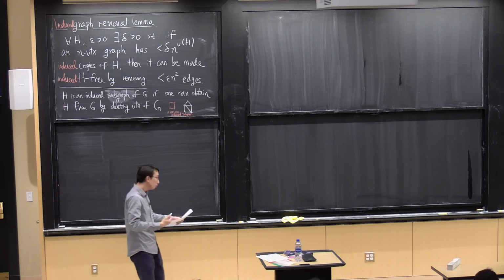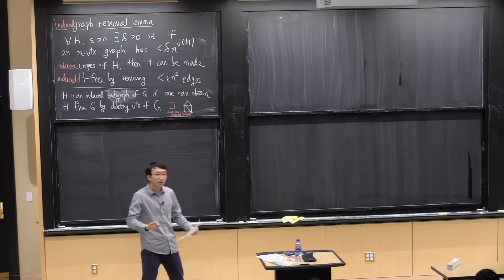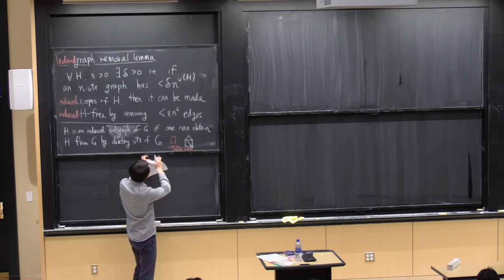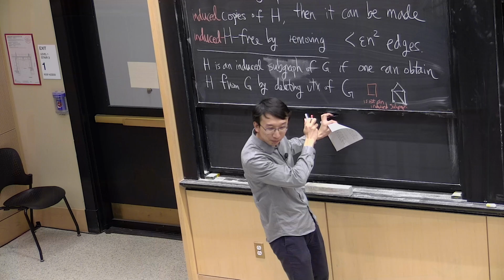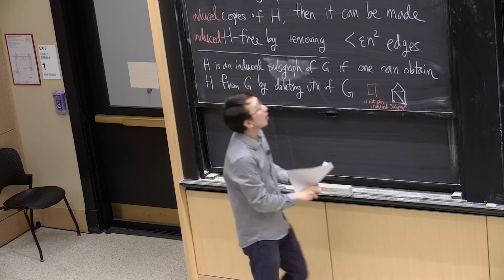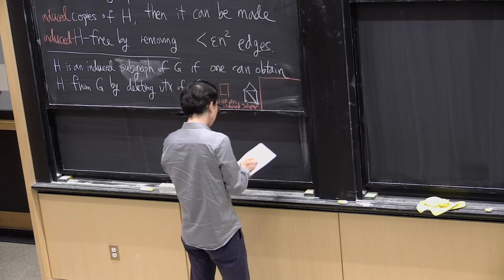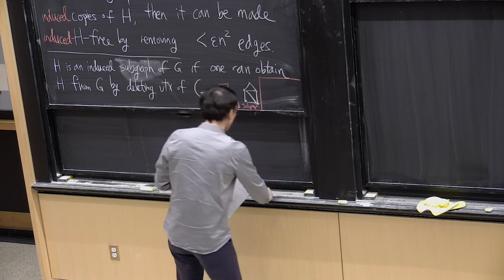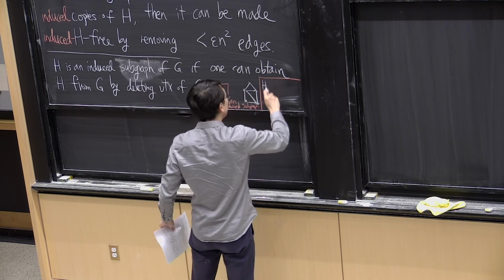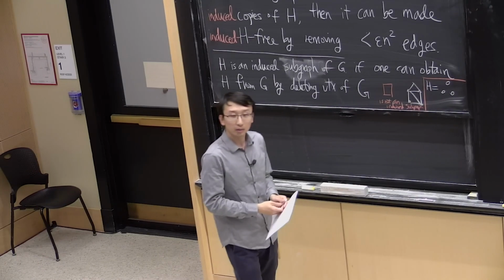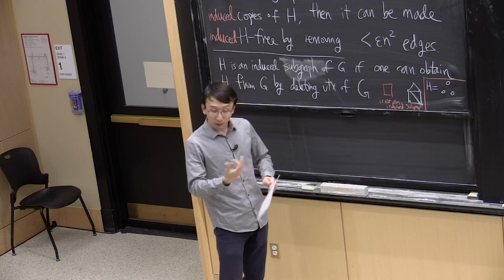So let's pretend for a second that what I've written here is not quite true. Here's an example. If your H is 3 isolated vertices, what is it saying?